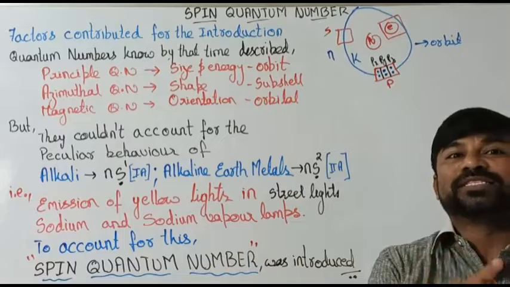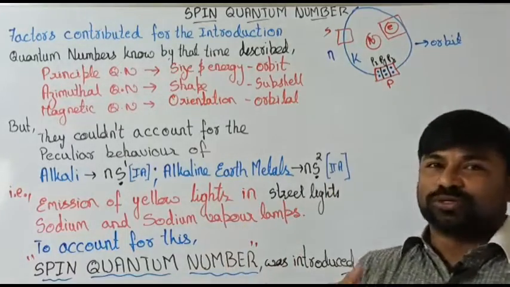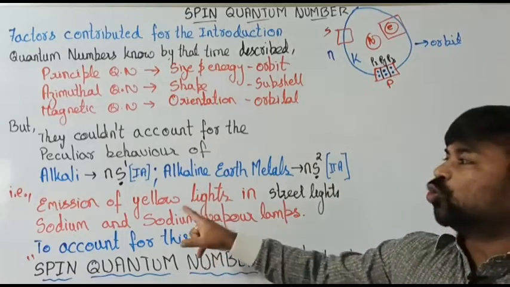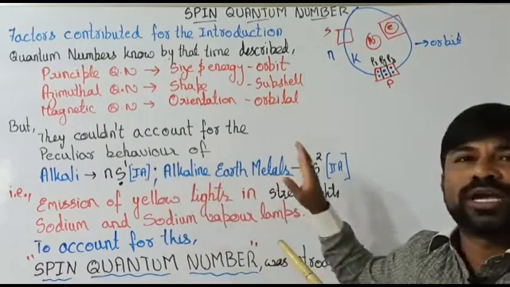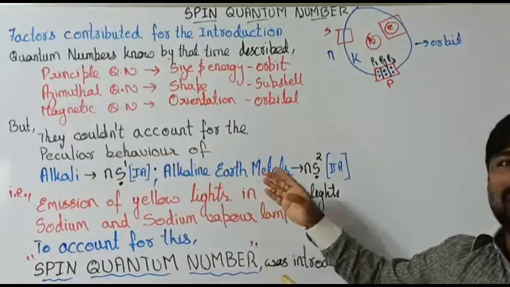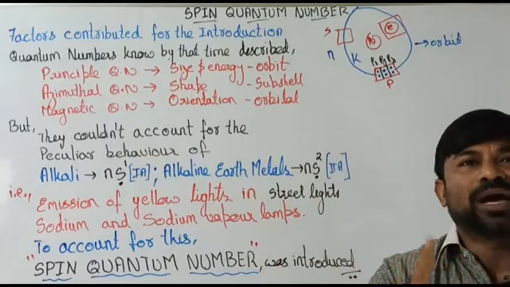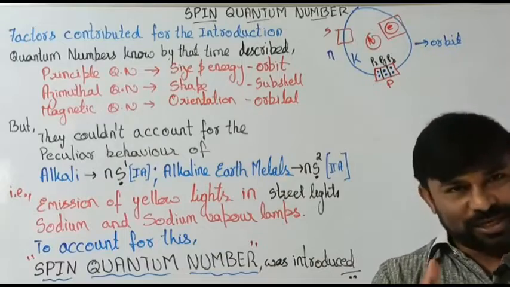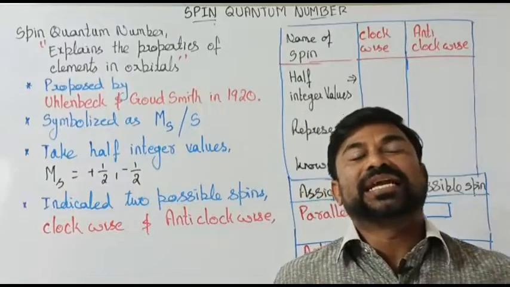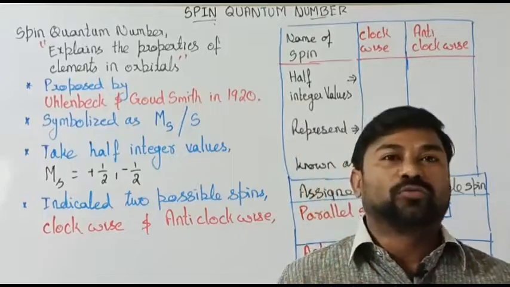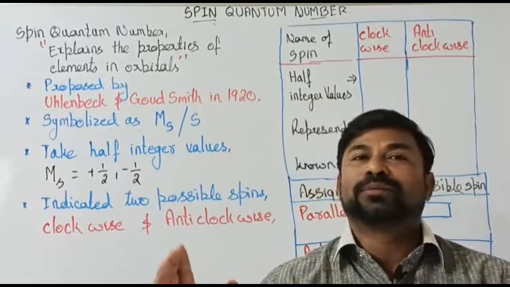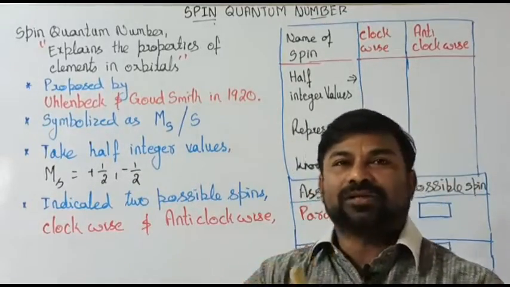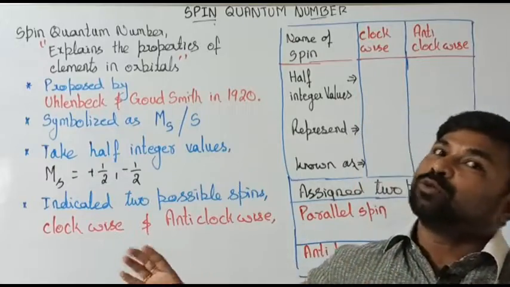That's the reason why the spin quantum number was introduced: to answer the strange behavior of s block elements, especially alkali and alkaline earth metals, and why they emit yellow color light. The spin quantum number answers the questions raised regarding the properties of the electron, which were not explained by the other three quantum numbers, principal, azimuthal, and magnetic. Those questions were solved by the spin quantum number.